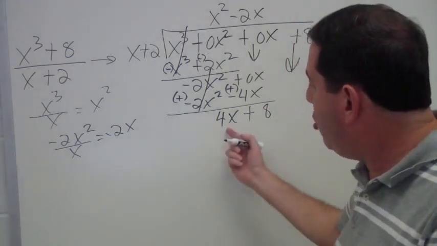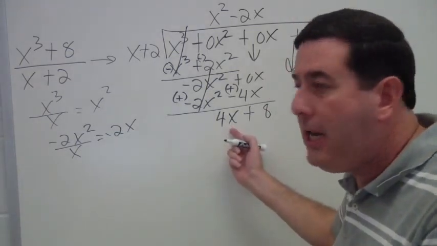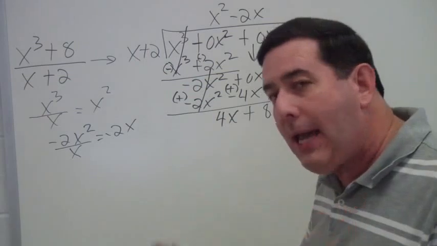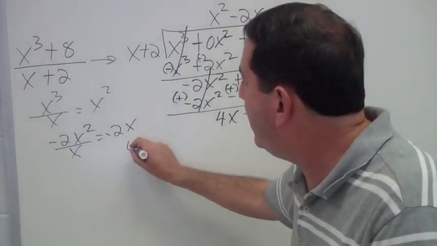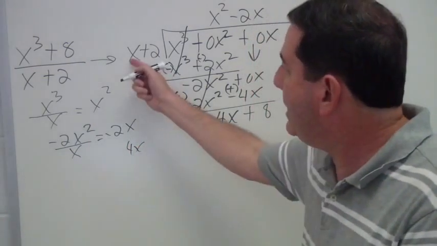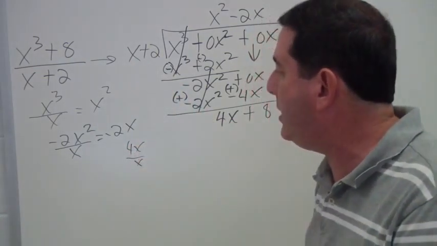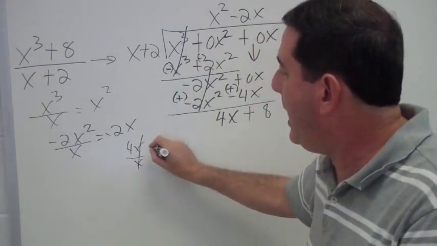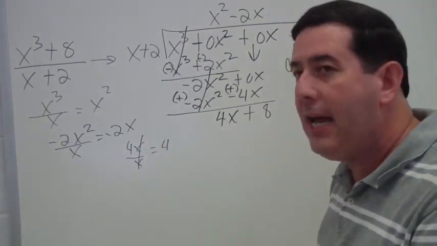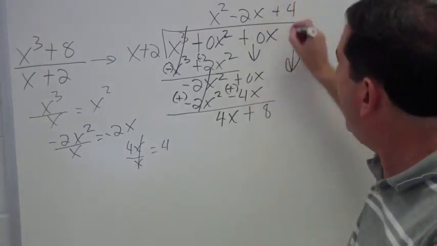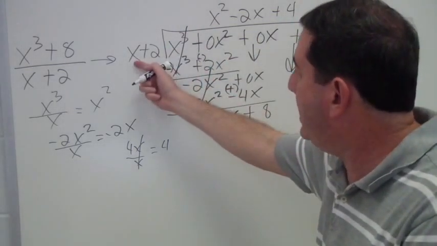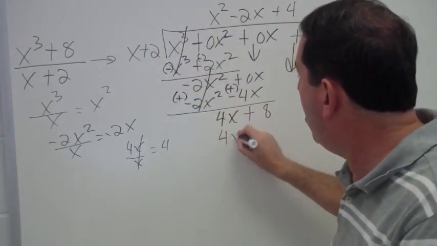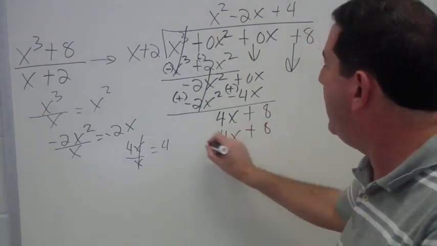Now I've still got the same degree here that I've got there, so I can divide this one more time. Let's take 4x, the first thing here, and let's divide it by x, the first thing there. The x's are going to cancel, and it goes 4 times, so it's a plus 4 that we need at the back. 4 times these things makes 4x plus 8.